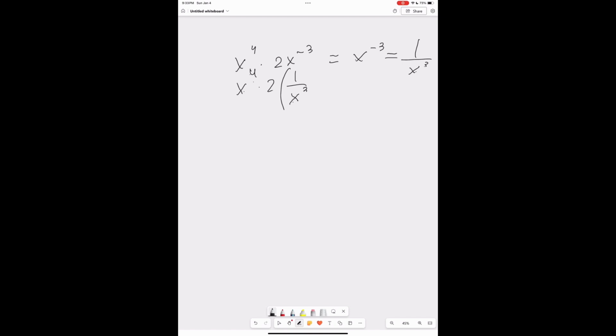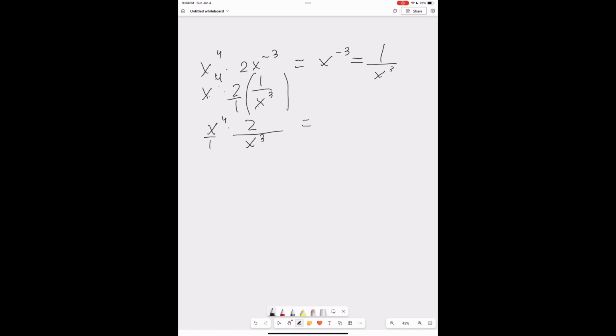And since this is 2 over 1, it's just going to be x to the 4 times 2 over x cubed. So then we're going to get 2x to the 4 divided by x cubed.